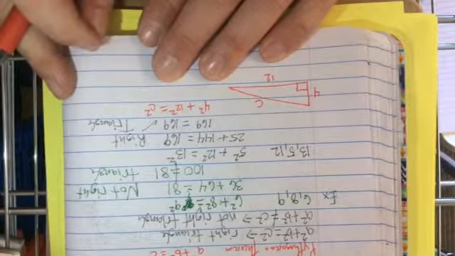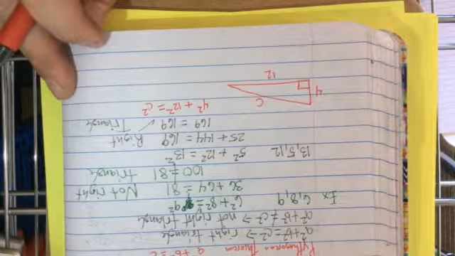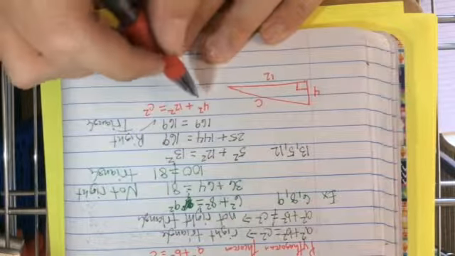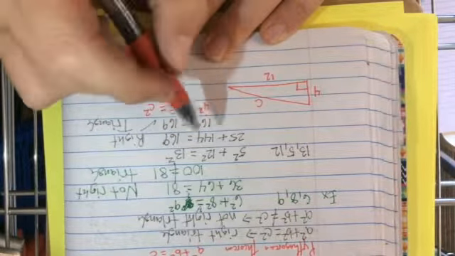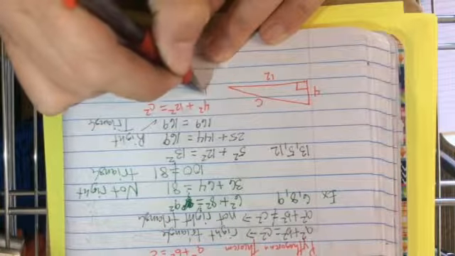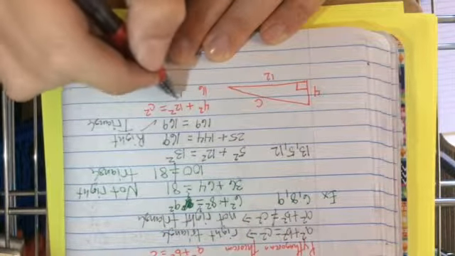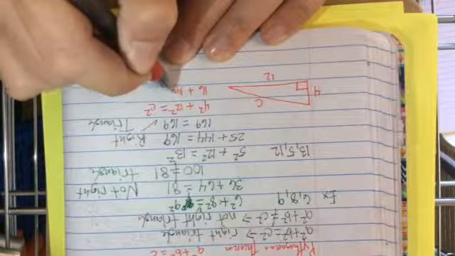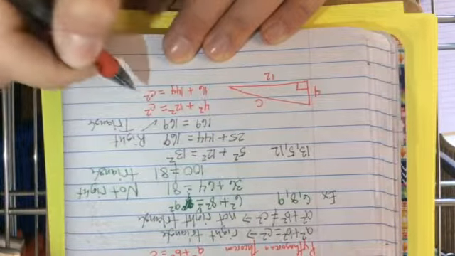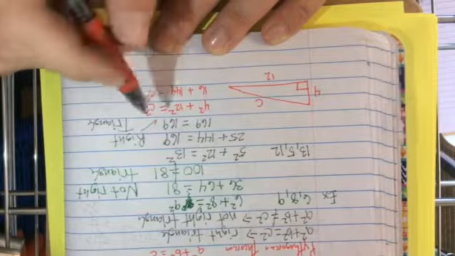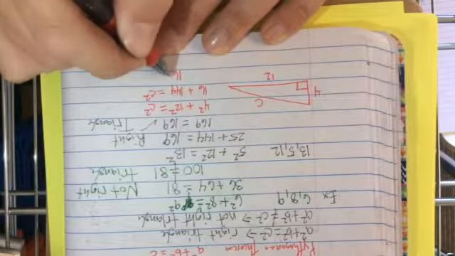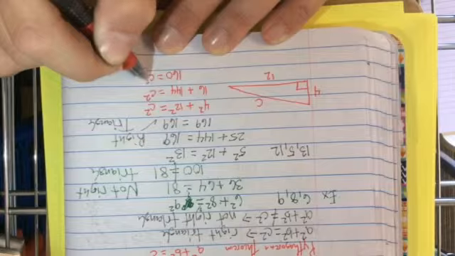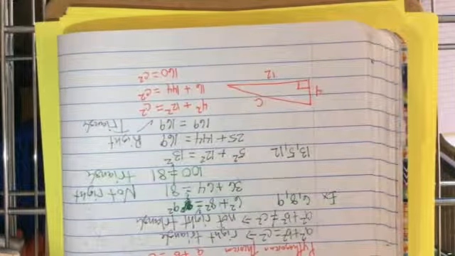C squared. So, 4 squared is 16. What's 12 squared? 144. And that still equals C squared. So 16 plus 144 is? 160. And that equals C squared.